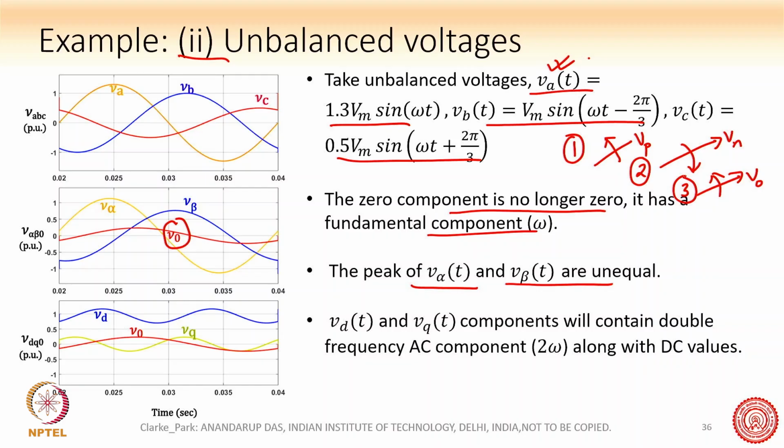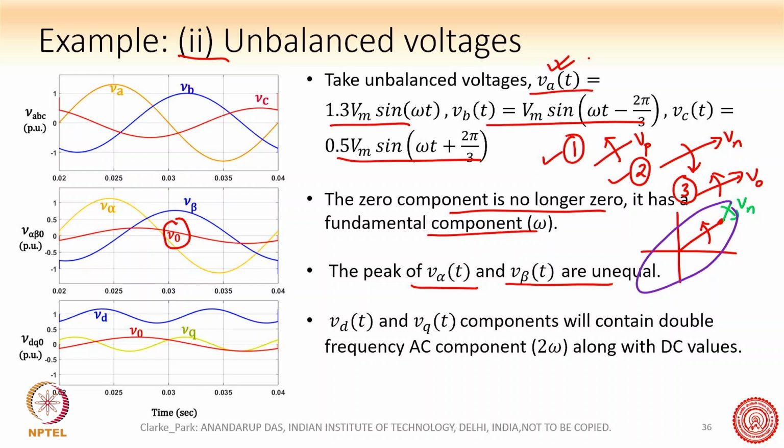The positive sequence space vector has a magnitude and is rotating this way, and the negative sequence space vector is this one, Vn, and it is rotating the other way. And of course there is a zero sequence, which in the three-dimensional plane is coming out of the screen. Even if I don't assume the zero sequence, what is the resultant of these two space vectors? The resultant of these two space vectors is an ellipse.